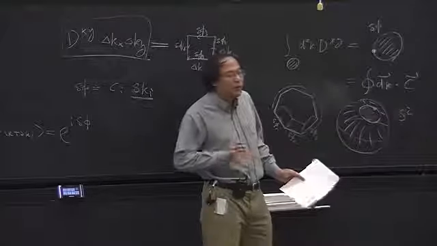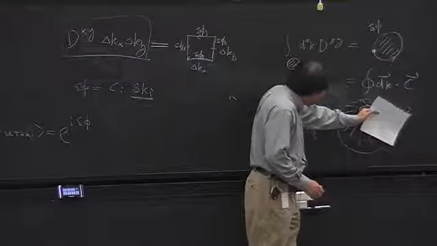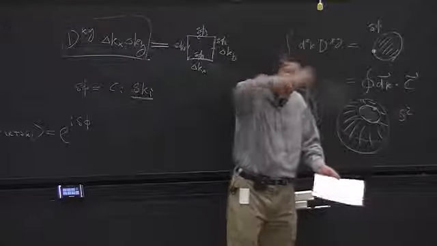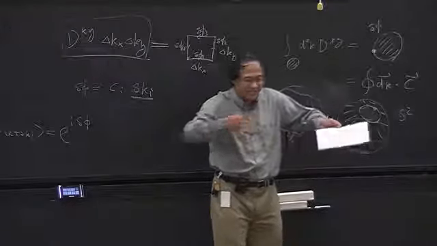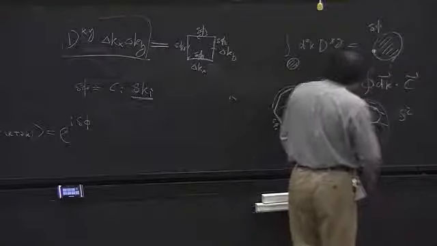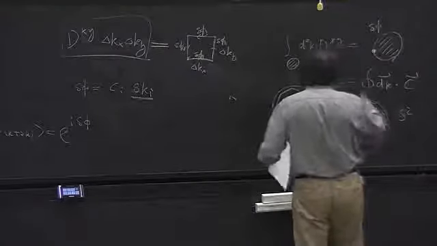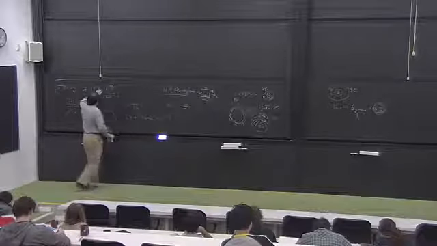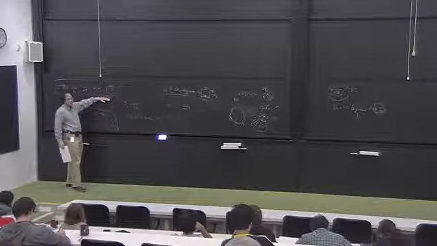But there's another choice where they agree. If they add up to 2 pi, they also agree, because a total phase accumulation of 2 pi is the same as nothing. So therefore, because of this, this quantity has to be 2 pi times an integer.